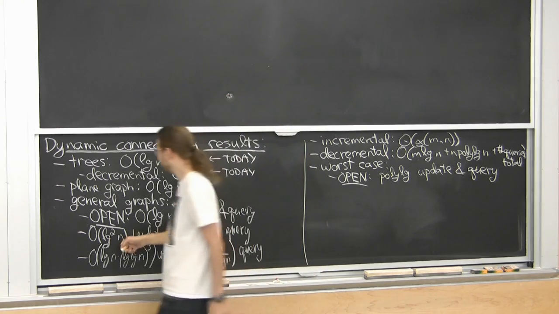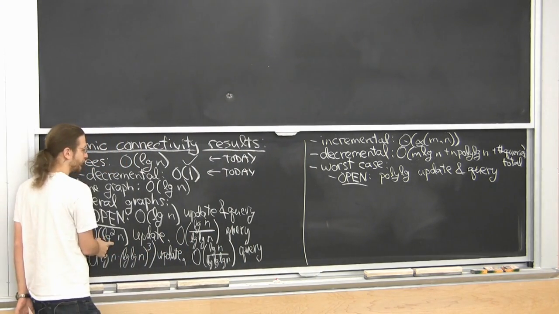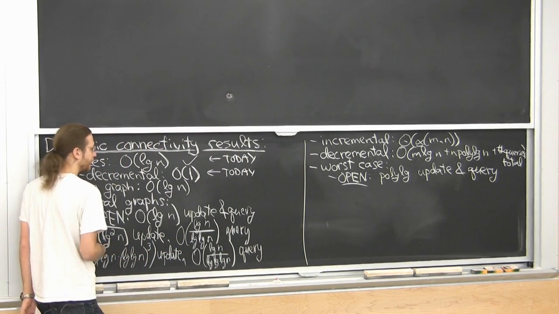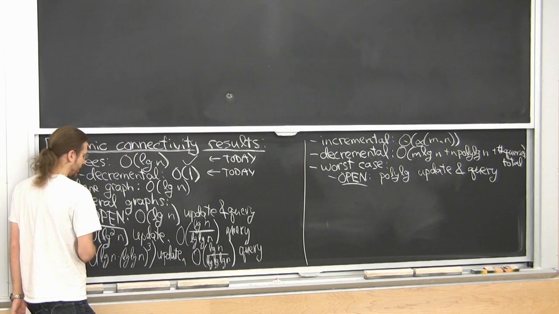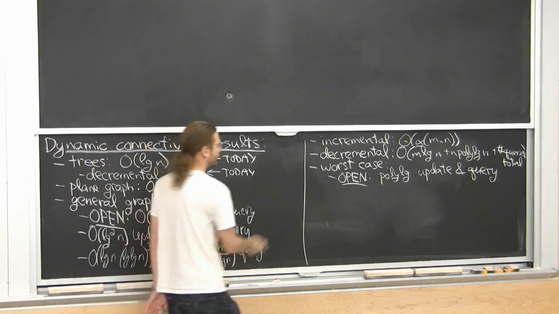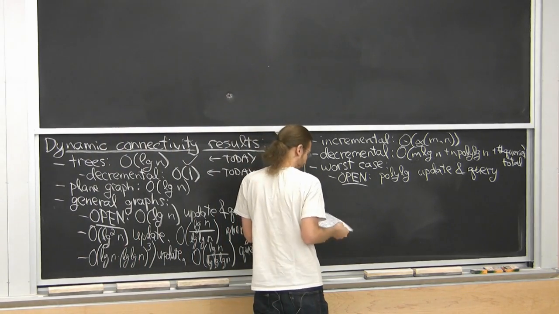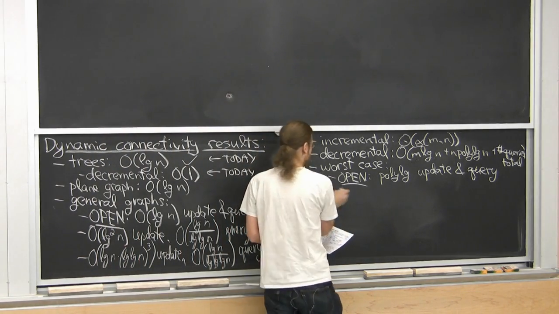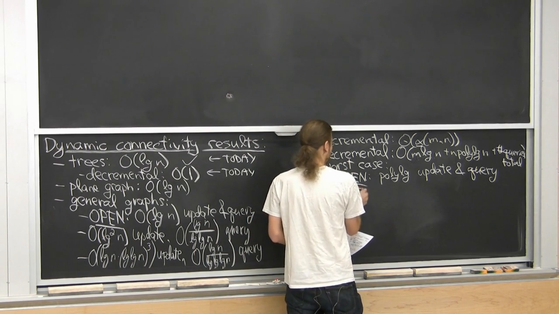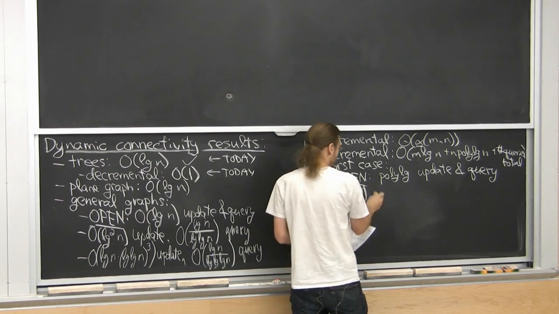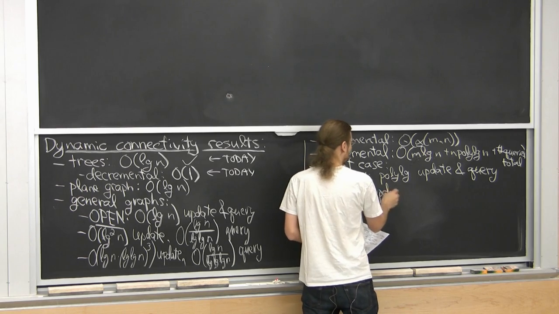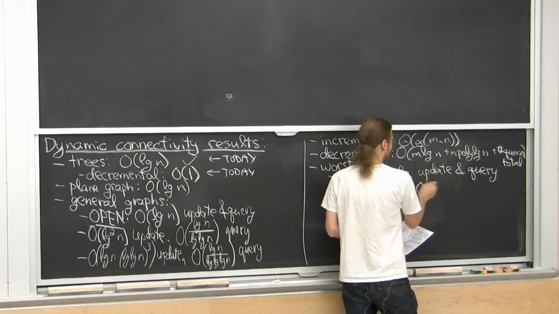This first result is like from 2001 or so, after people had worked on dynamic graphs for probably a decade. So it took quite a while to find any kind of polylog. That still hasn't been made worst case. So the best results are the state of the art at the time before the polylog came out, which is square root of n update, constant query.